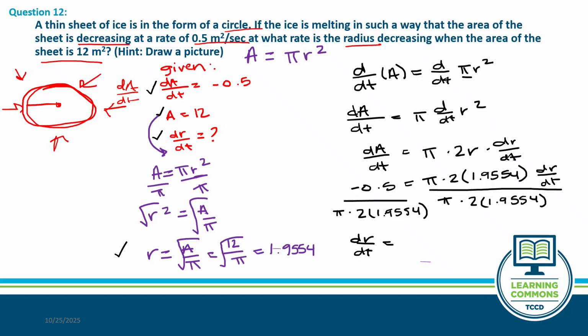It should be negative 0.040717 meters per second. I don't box it like that.